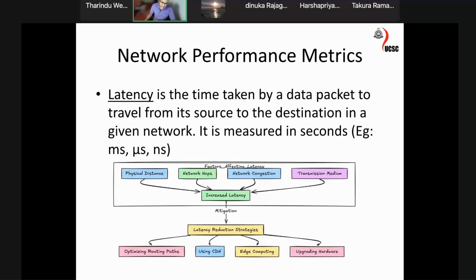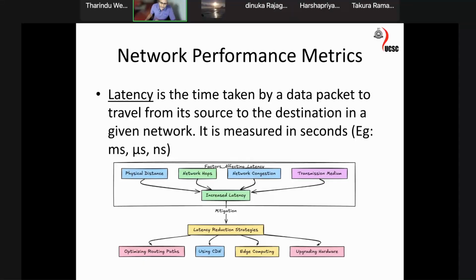So these are the factors affecting latency, and the latency reduction strategies are optimizing the routing path, the shortest path. If you can find the shortest path based on routing technologies, it is quite possible to reduce latency rather than taking a longer path, by running shortest path algorithms as dynamic routing protocols on network devices.